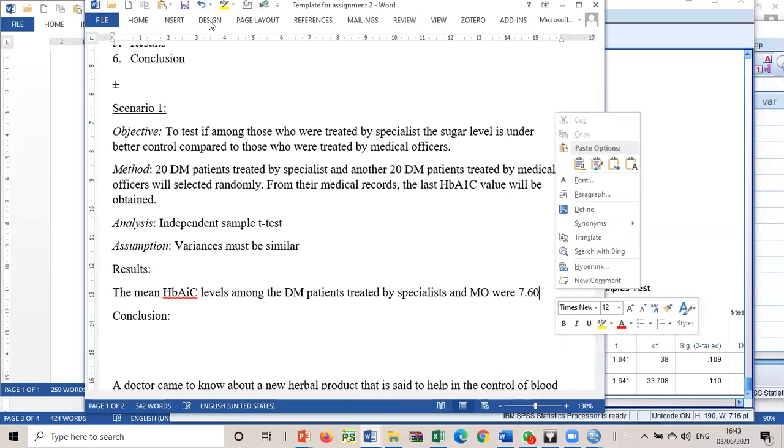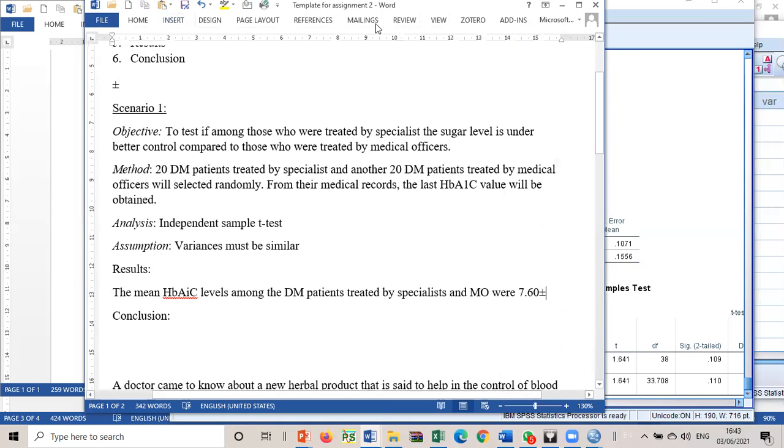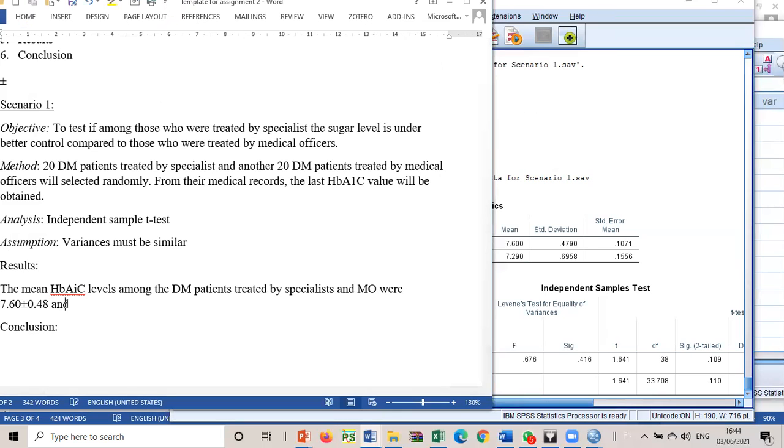Okay, plus minus what value? Can somebody read what's the plus minus there? What is standard deviation for specialists? Come on, class, read. 0.48, and medical officers 7.29 plus minus 0.70.